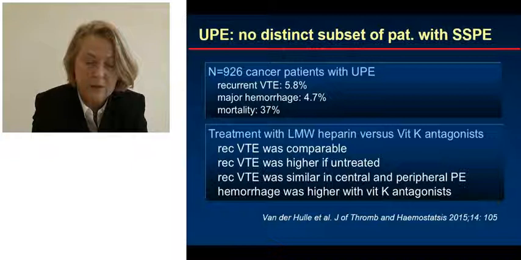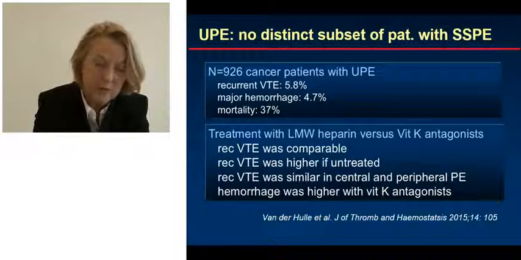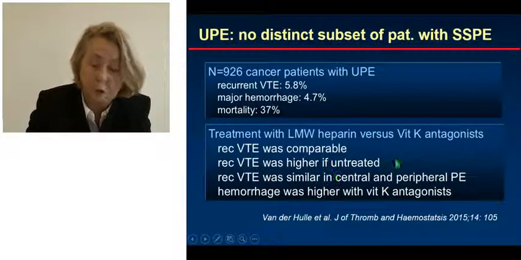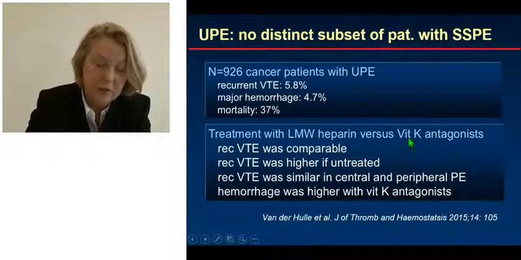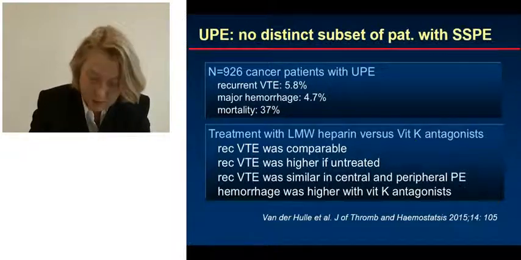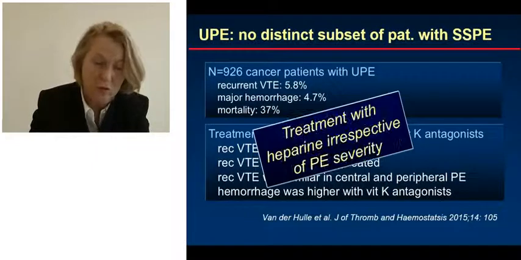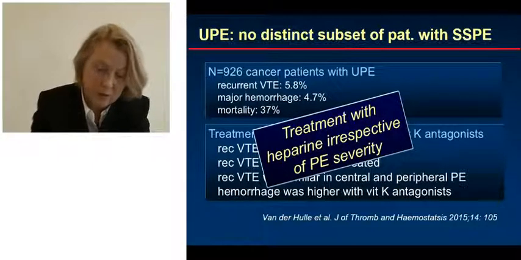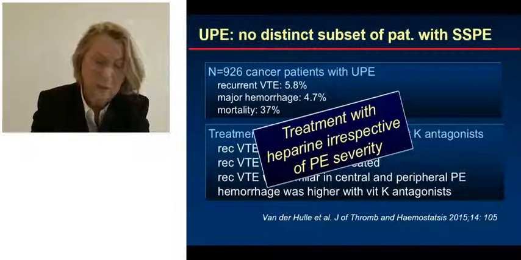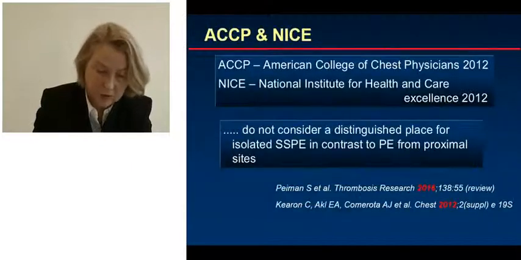They also compared different management arms, low molecular weight heparin versus vitamin K antagonists, and the result of that comparison was that recurrent VTE was comparable, recurrent VTE was higher if patients were completely untreated, and recurrent VTE was similar in patients with central or peripheral pulmonary emboli, but hemorrhage was higher with vitamin K antagonists. The conclusion was treatment irrespective of PE severity, but with heparin and not vitamin K antagonists.